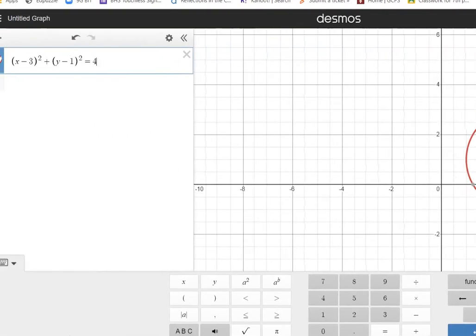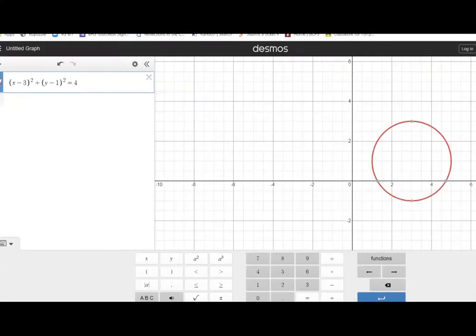Okay, and this format of the equation fits exactly what I just had written on my paper. I'll just make it a little bigger here, where the format there was (x minus h) quantity squared plus (y minus k) quantity squared equals r squared.